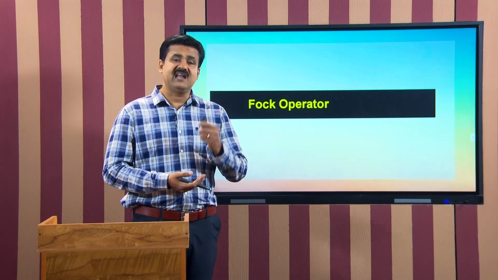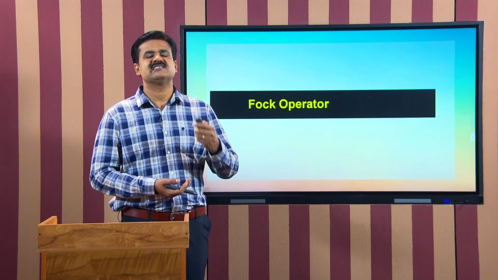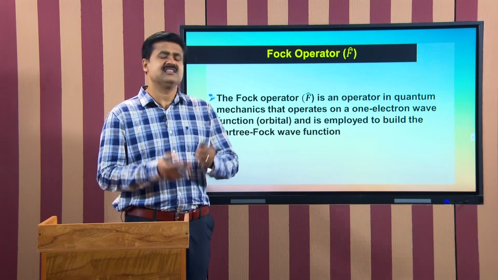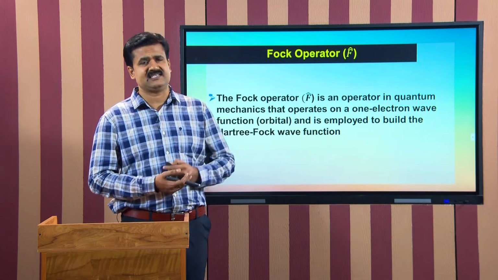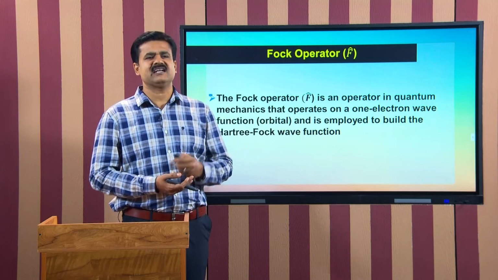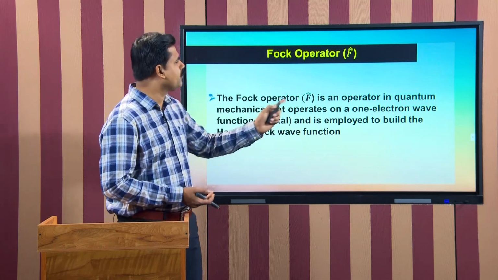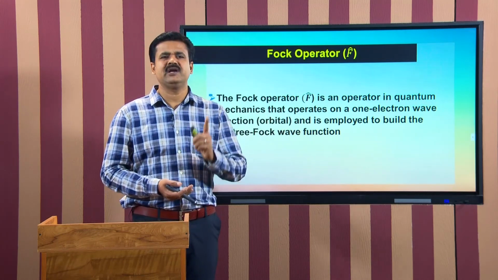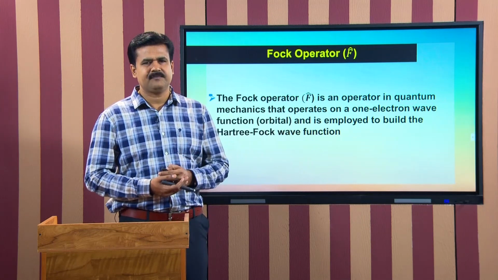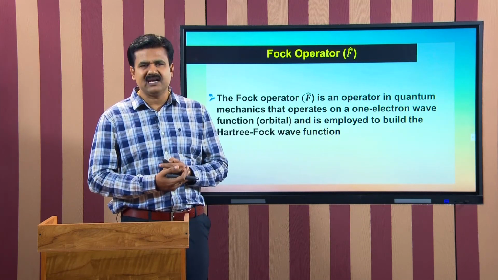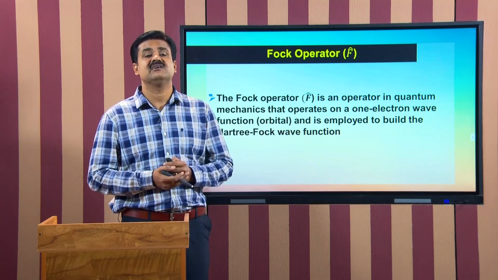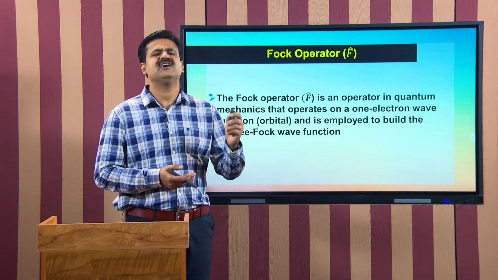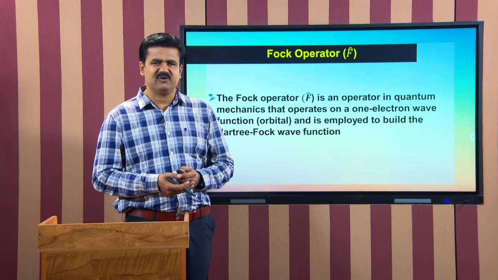Now, the last part of the discussion, that is the Fock operator. The Fock operator, abbreviated as F hat, is an operator in quantum mechanics that operates on a 1 electron wave function or orbital and is employed to build the Hartree-Fock wave function. That is, F hat operates on a 1 electron wave function.